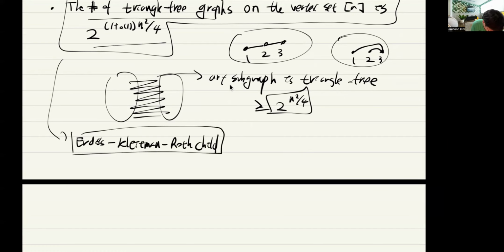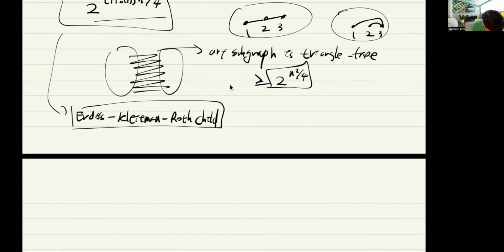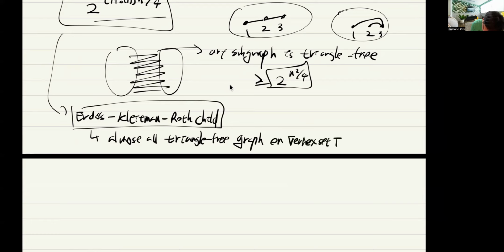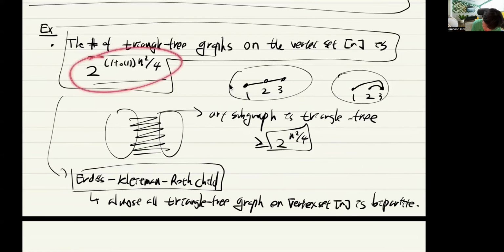And then they actually proved a stronger statement that almost all triangle-free graphs on vertex set [n] are bipartite. So here, the little o is in the exponent.